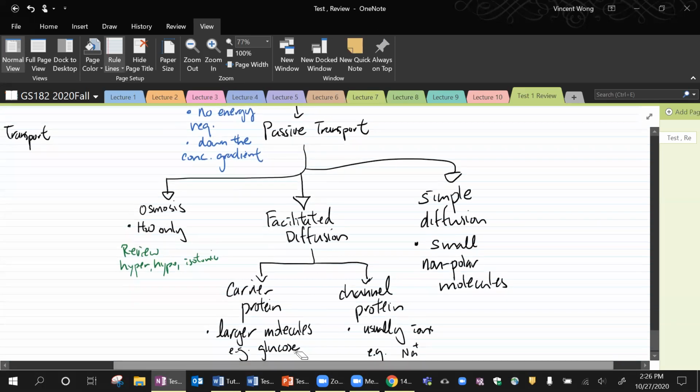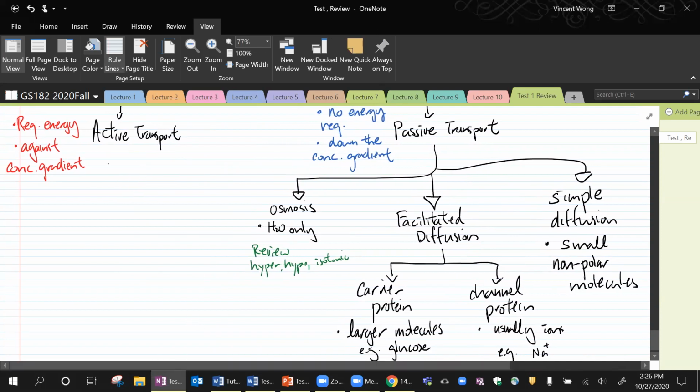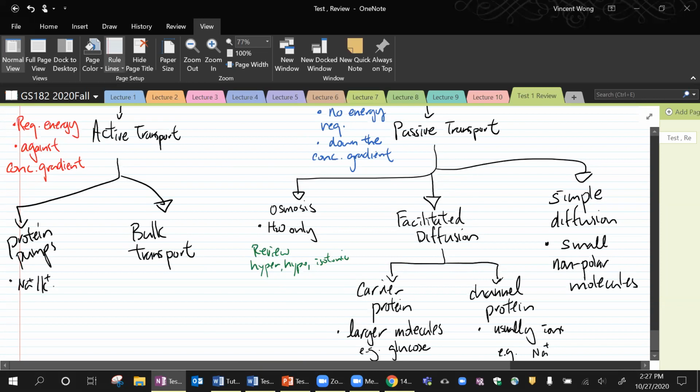Over here, we have active transport. In active transport, we have protein pumps and bulk transport. For protein pumps, we talked about the sodium potassium pump in lecture, but later on, in lecture 5, we learned about the ETC, the electron transport chain.